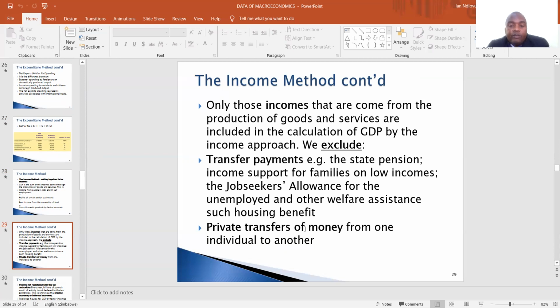Including them would inflate the national income statistic or aggregate, leading to a wrong conclusion about the actual size of current output or production. And then private money transfers from one individual to another, which are not associated with any production, are also excluded because, again, this would lead to the inflation of the national income figure.